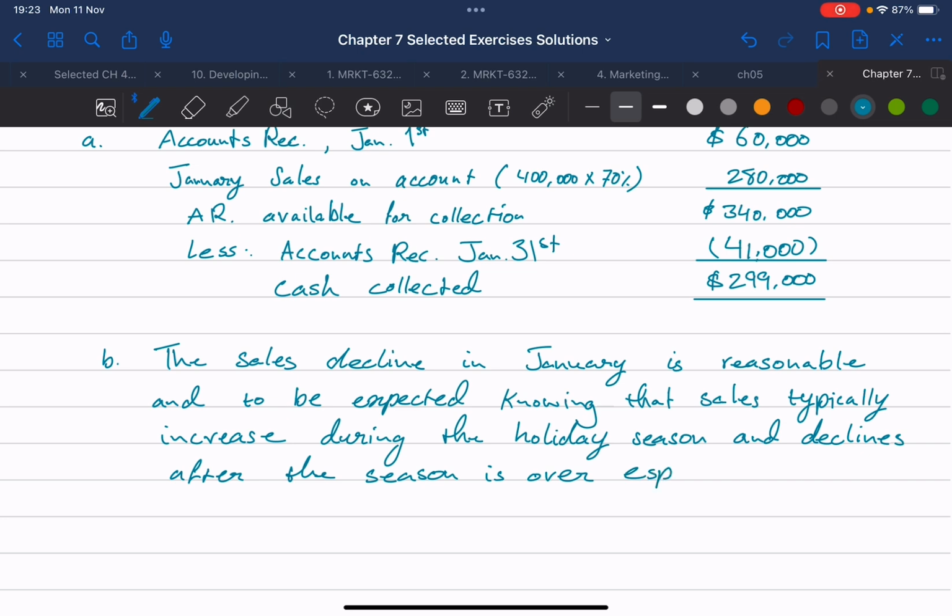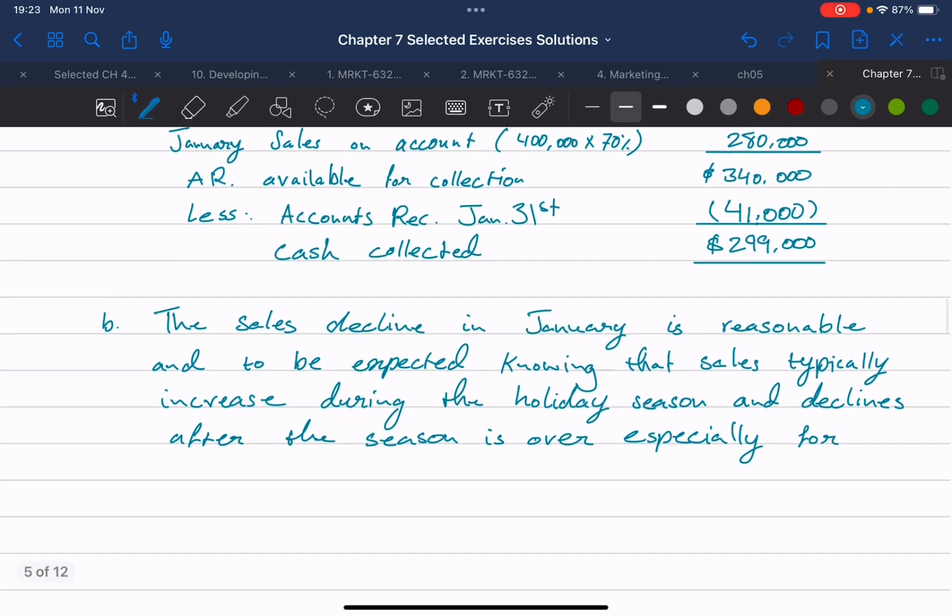We could also say that especially for clothing.